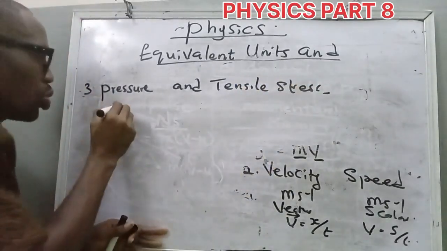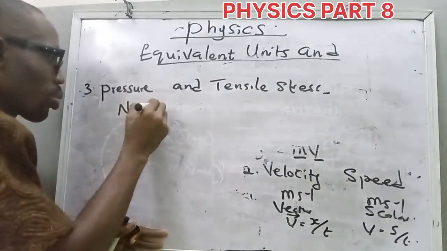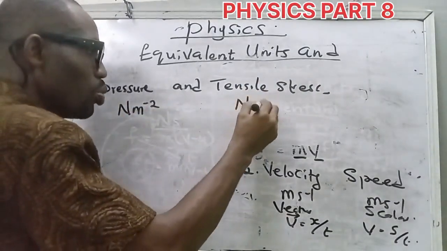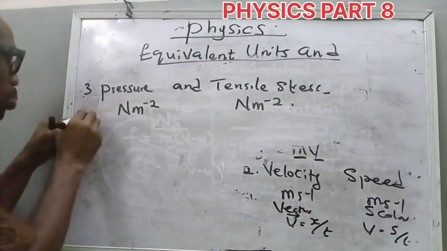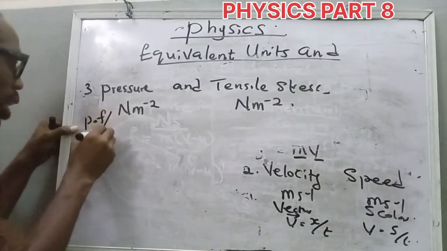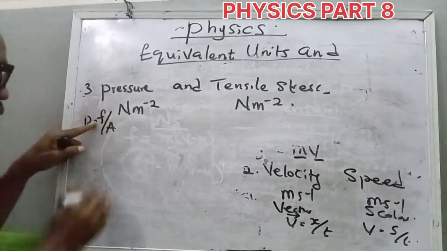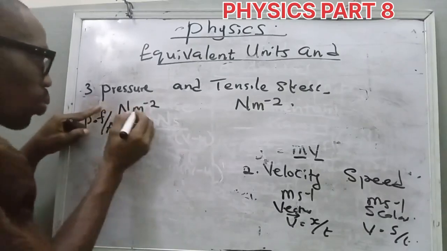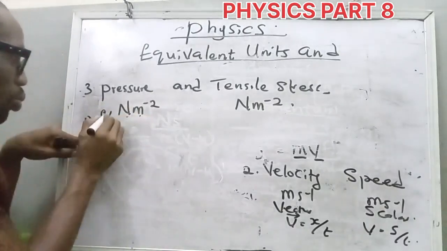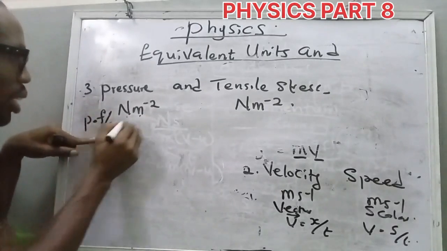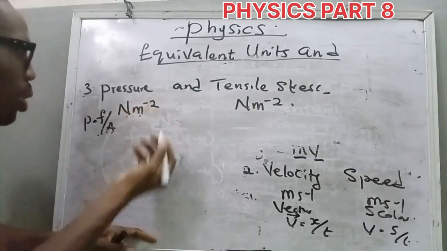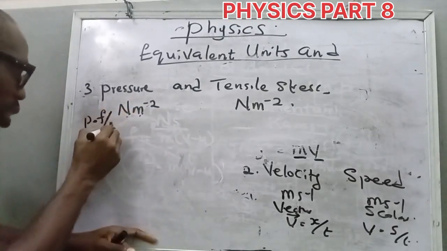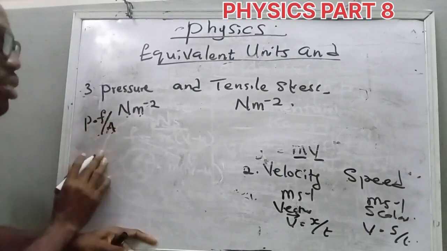So pressure is Newton per meter square. Tensile stress is also Newton per meter square. What's pressure? Pressure, P, is force acting per unit area. This Newton is coming from this force. Why this per meter square? Because of this over sign, area. Area is length times breadth. Is that not so? That's why you have m raised to power minus 2. Once you see this over sign, it will give this guy a negative sign.